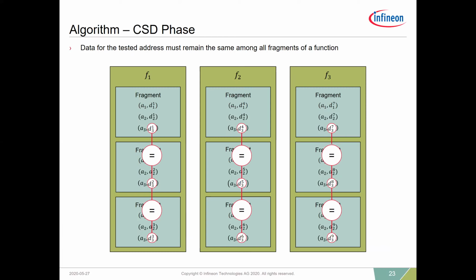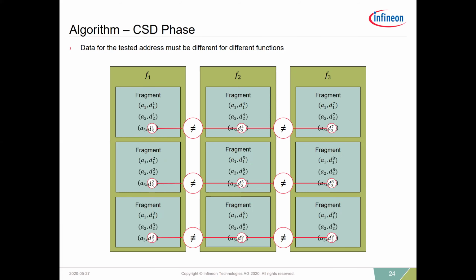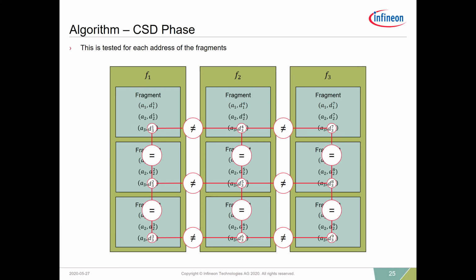And the other condition is, of course, that the data values are not shared among these functions, because if F1 and F2 would write the same ID in front of the start, then it's obvious that this cannot really be used as a task ID or something. So in total, these are the 2 conditions.